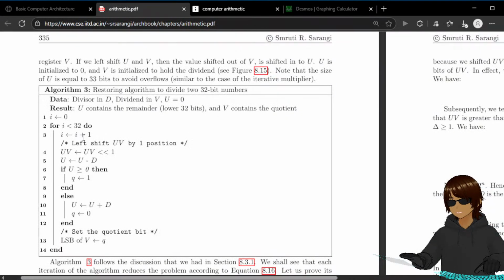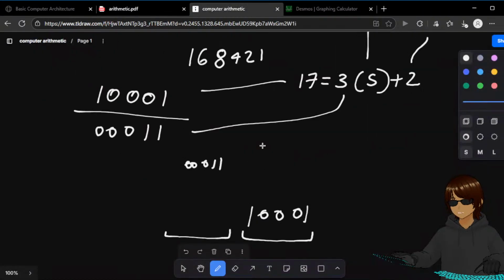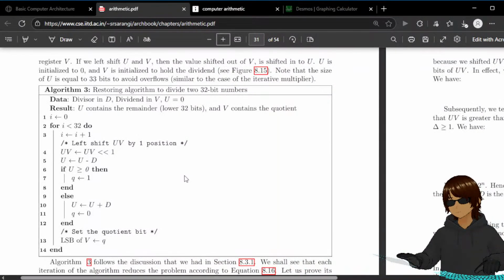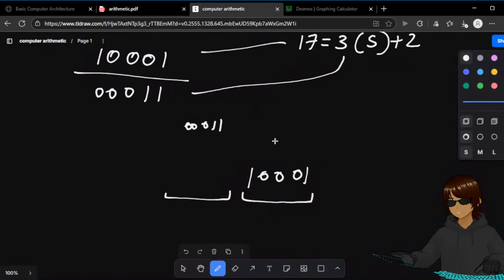So we left shift. How will we end up with 2 then? Okay, let's perform a left shift.